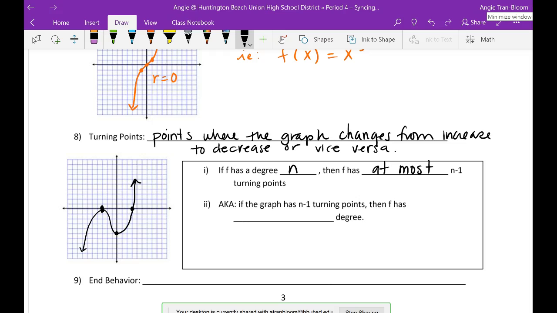The converse is also true. But the converse of the words at most is what? At least. So if the graph has n minus 1 turning points, then f has at least n degree. It's always one more degree than its turning points.